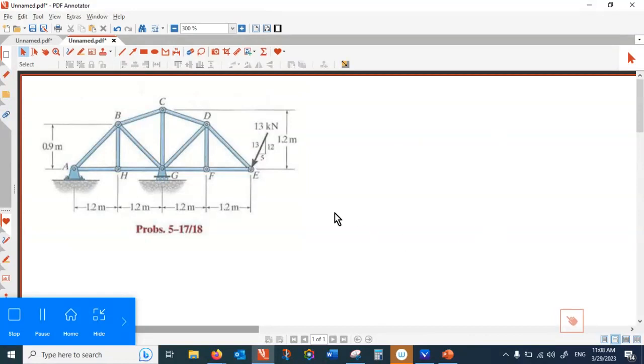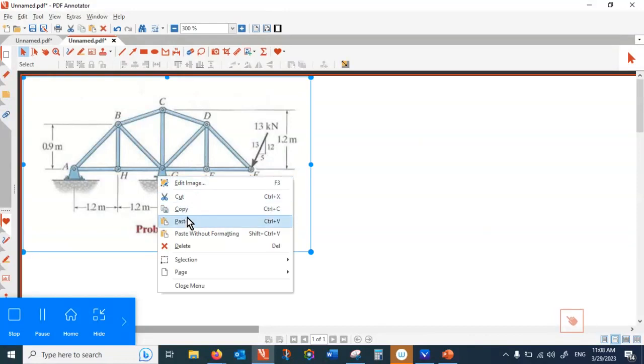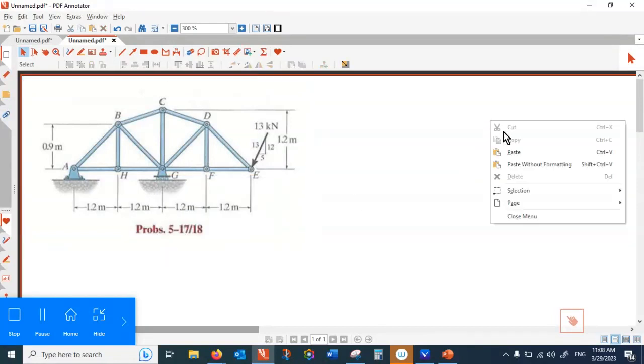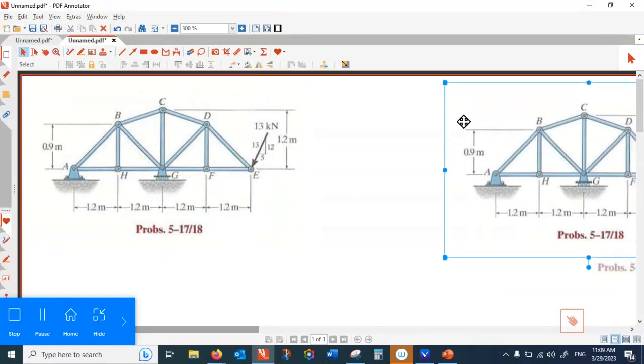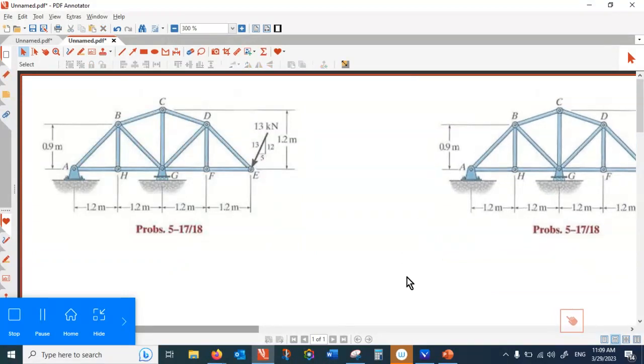So again, we have to find the reaction here, and to find the reaction, I have to solve the entire structure.